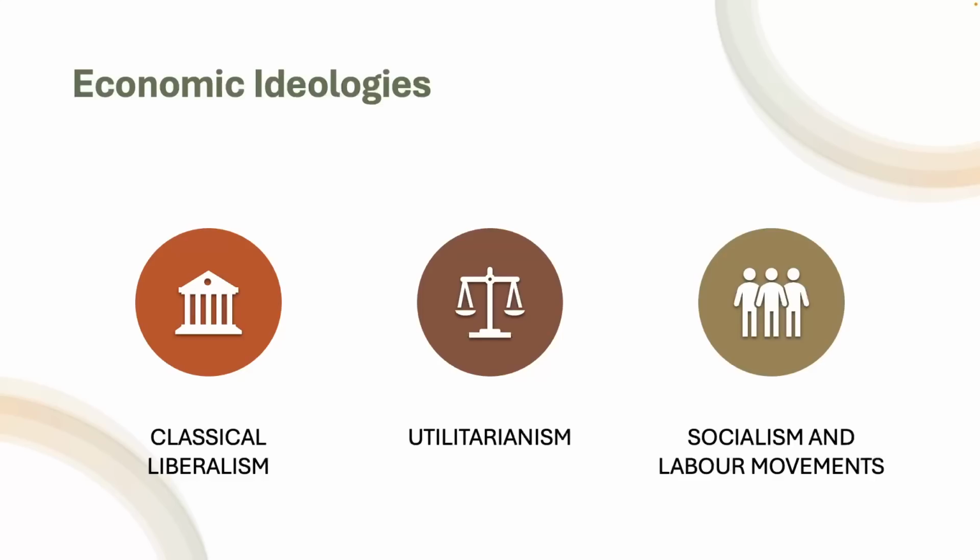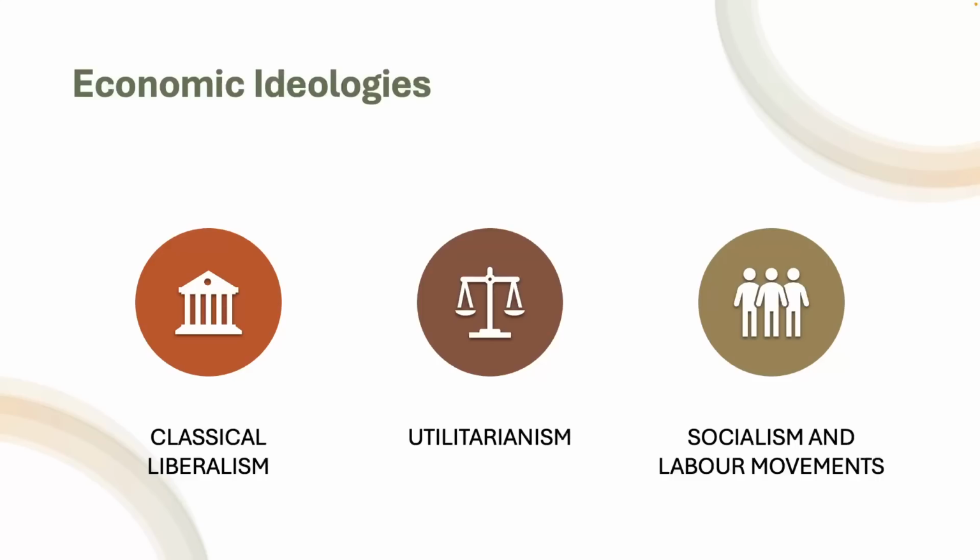And then extending even further beyond utilitarianism, we can see the growth of socialism and labour movements. As these economic disparities between the wealthy industrialists and the working class began to grow, socialist ideologies began to gain traction. You have figures like Karl Marx, although his influence in Britain was relatively limited during this period, and people like Robert Owen promoting ideas of collective ownership and worker rights.